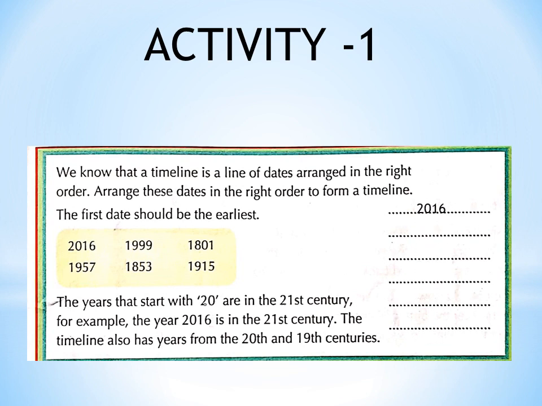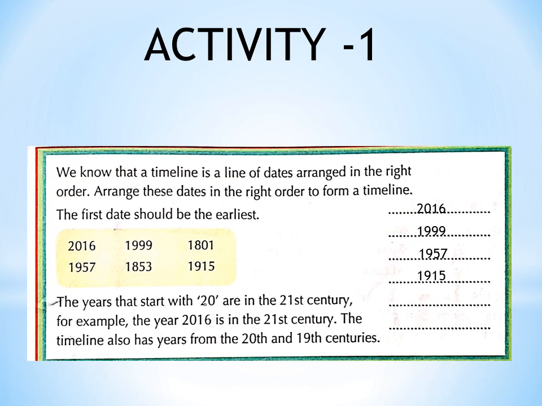Which is the earliest one among all these? 2016. So first of all, in the first blank, take your pencil and start writing. The first blank you will write 2016. What will be the next one after 2016? 1999. That will be the next one. Number 3 will be 1957. Number 4 will be 1915.